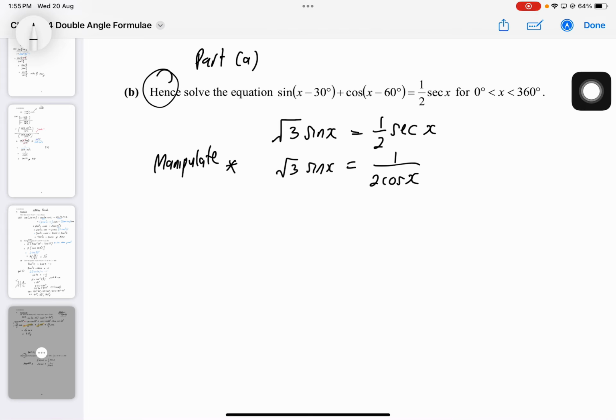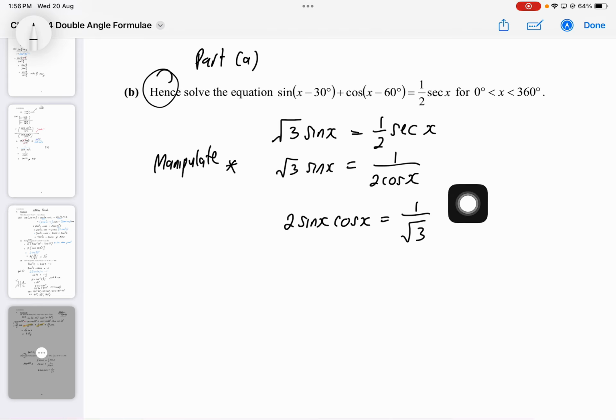So what I'm going to do is, I'm going to rearrange. 2 sin x, cos x is 1 over root 3. Any questions on this step? I'm bringing the 2 cosine x to the above and the root 3 to the denominator. So I'm rearranging.